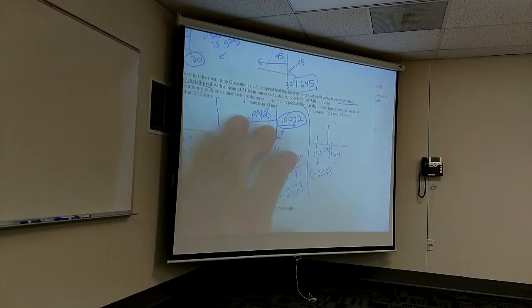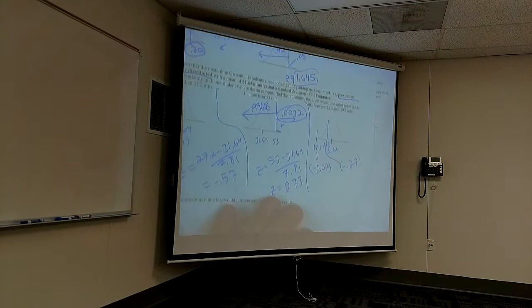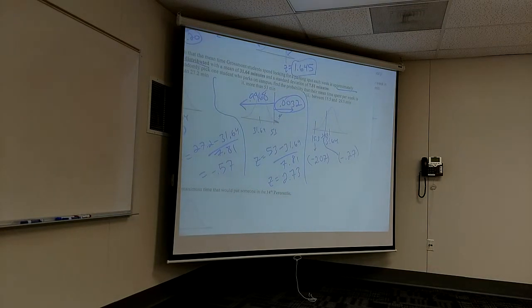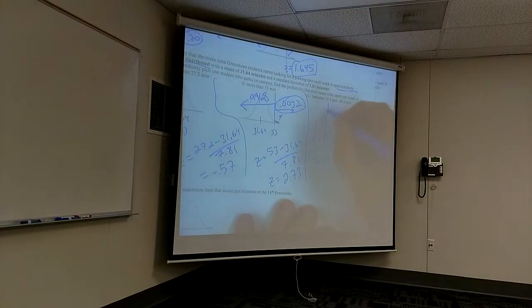Yeah. And of course, what about 29.5? Negative 0.27. Yeah. And then, of course, you never subtract z-scores, because again, that changes where you are in the picture. You're answering a different problem. Then you look up the areas and subtract those. That's what makes physical sense.